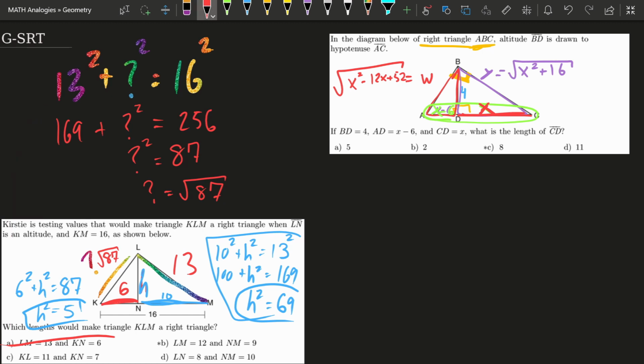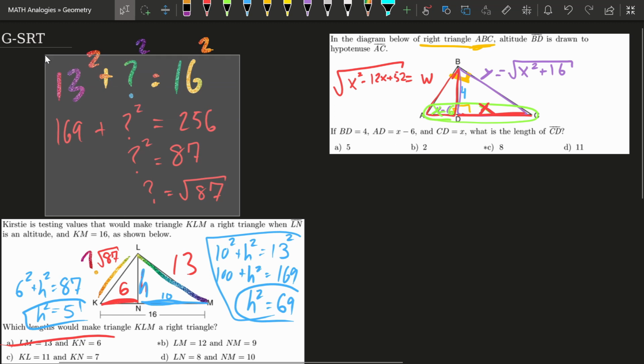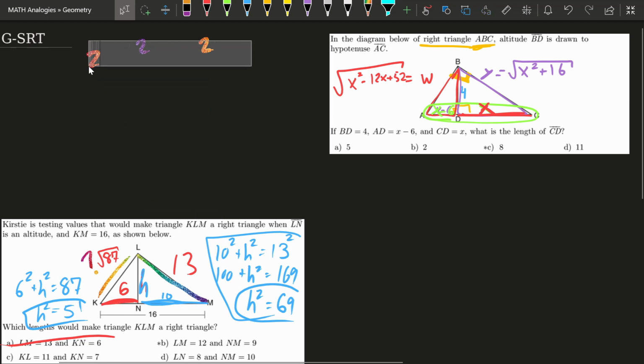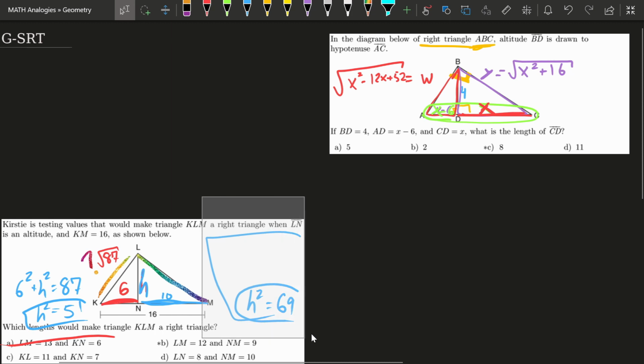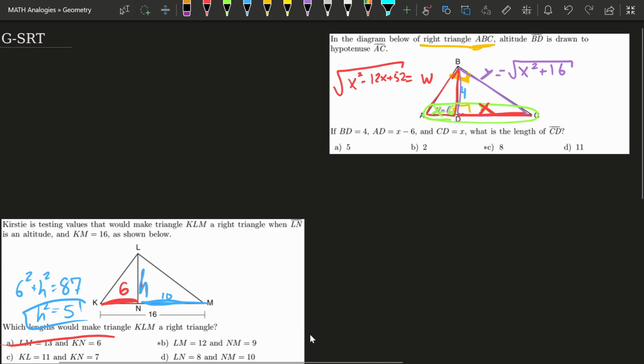Now let's clear up some room here. What about choice B?